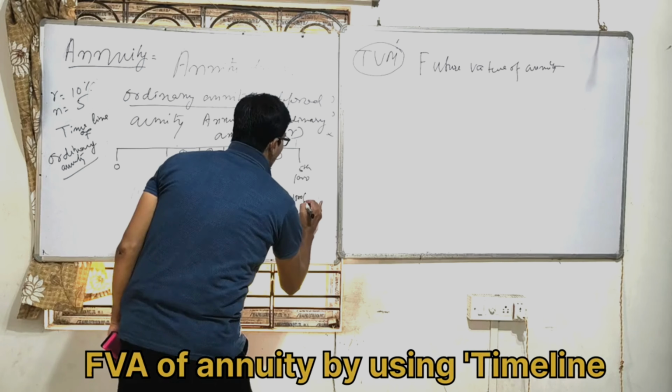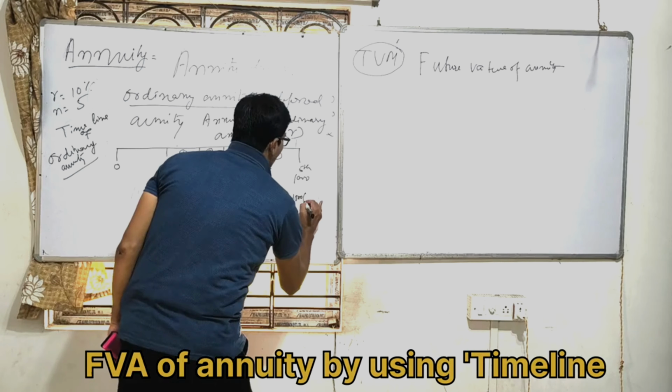R is equal to compounding rate. So we have to know the generalized formula so that it can be easier for us to calculate. So the annuity value is A, number of periods is 5 years, R is the compounding rate.